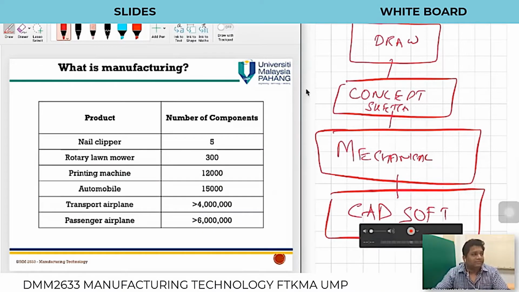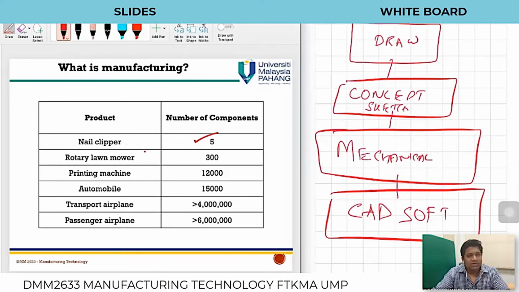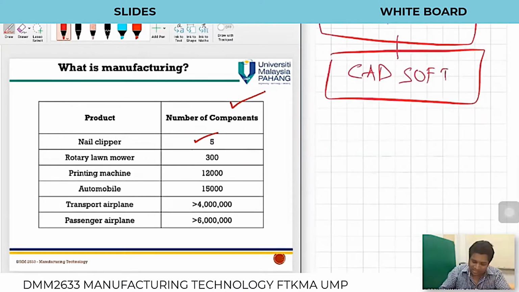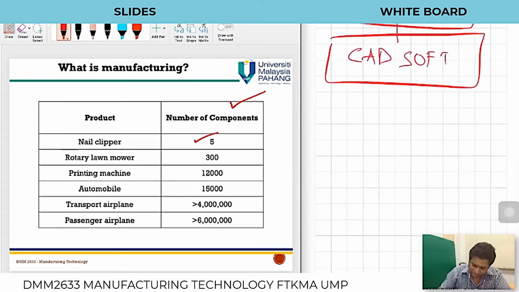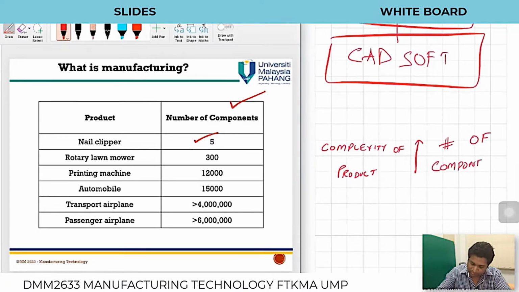So a nail clipper has five components. A rotary lawnmower has more. As the complexity of a product increases, the number of components also increases. So what this slide is saying is that as the complexity of the product increases, the number of components also increases.